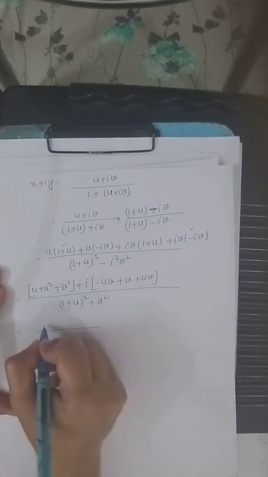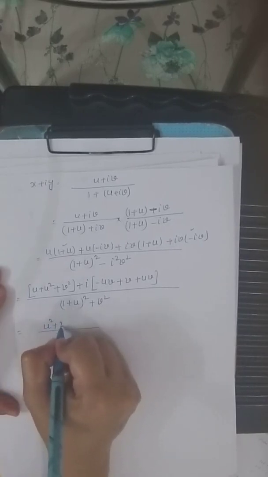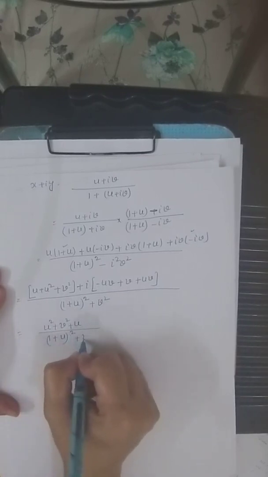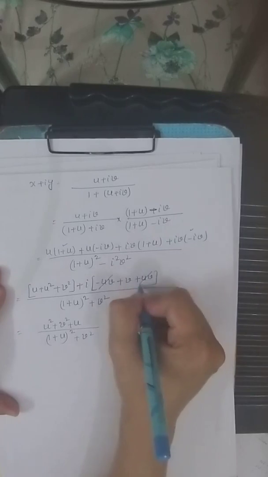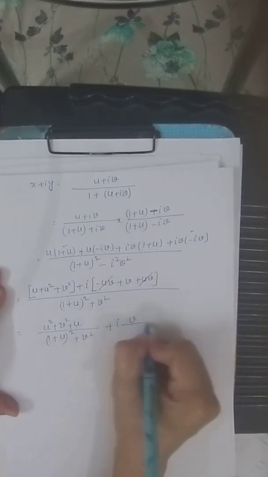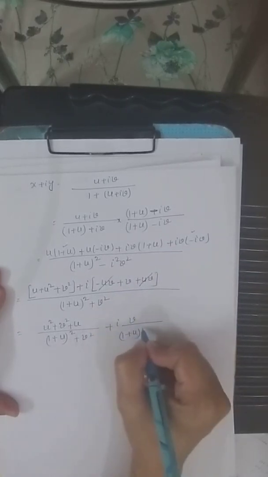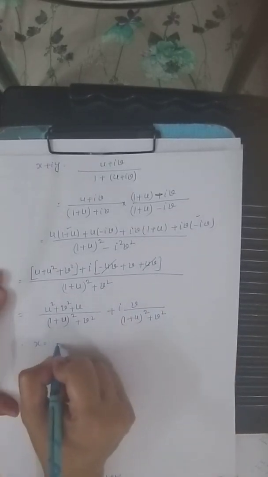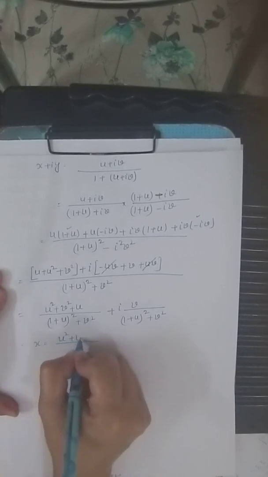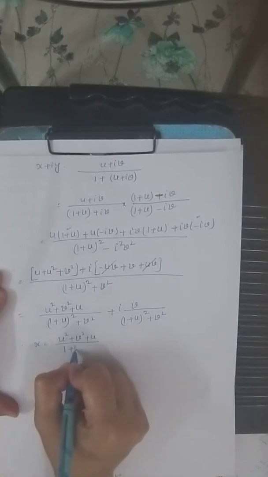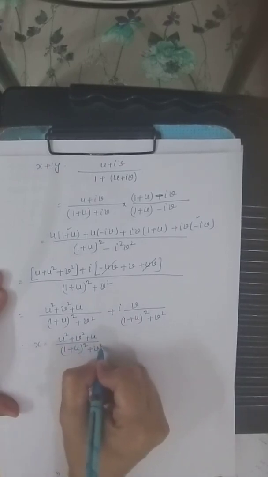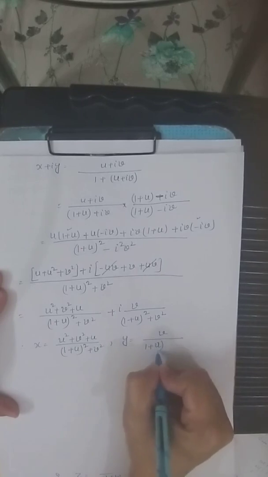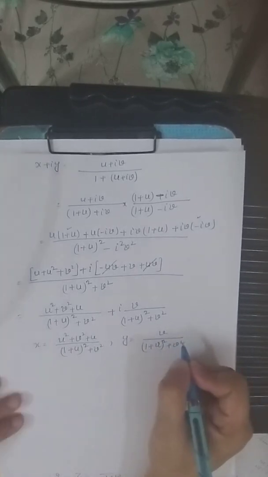Separating real and imaginary parts, you will get (u square plus v square plus u) over (1 plus u) whole square plus v square, uv is cancelled out, plus iota v over (1 plus u) whole square plus v square. Therefore x is equal to (u square plus v square plus u) over (1 plus u) whole square plus v square, and y is v over (1 plus u) whole square plus v square.